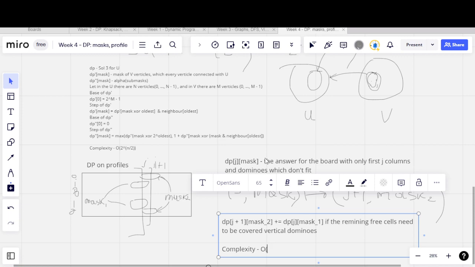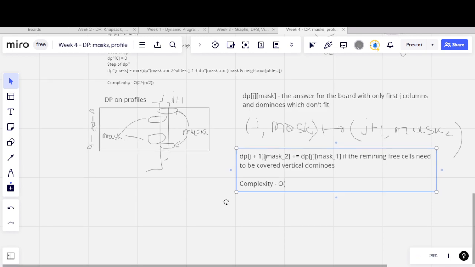No, because we consider a step, and we try to iterate through all the masks and through all the G. We have 2 to the power of n multiplied by m. We have m steps, and we multiply it by 2 to the power of n.